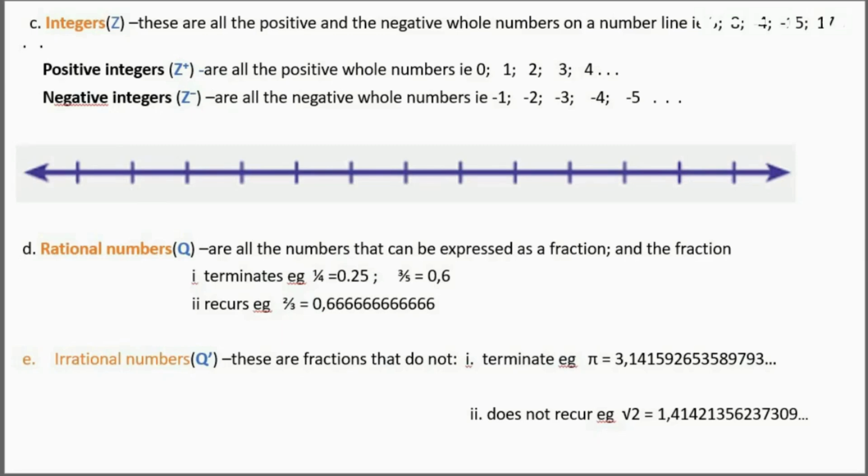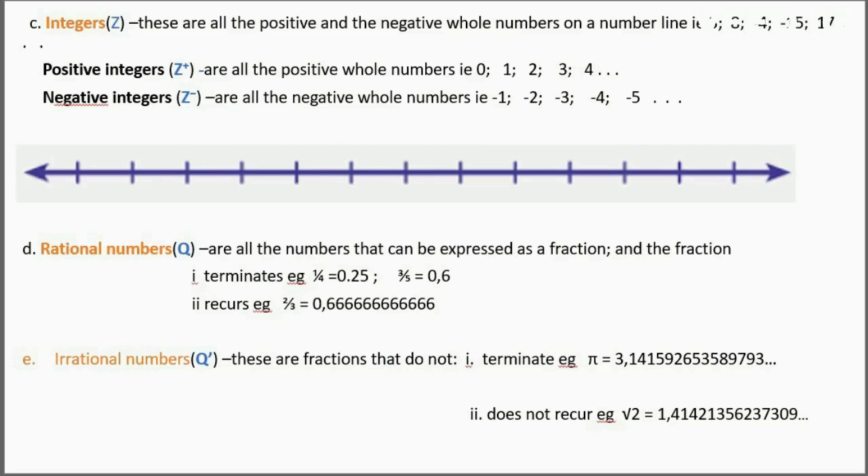And these are all the positive whole numbers. That is the 0, 1, 2, 3, 4, and so forth. And the negative integers are denoted by the capital letter Z with a negative sign at the top. And these are all negative whole numbers: minus 1, minus 2, minus 3, minus 4, minus 5, and the list goes on.